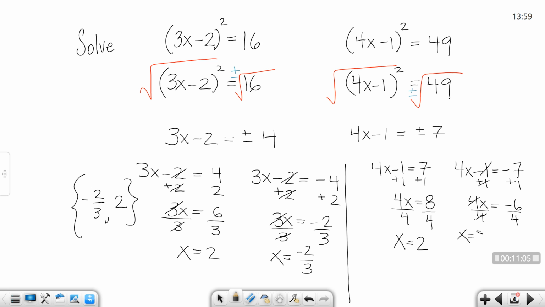Let's fix that. Okay, so when you reduce it, you're going to get a negative 3/2. So your answer for this one would be negative 3/2 and 2.